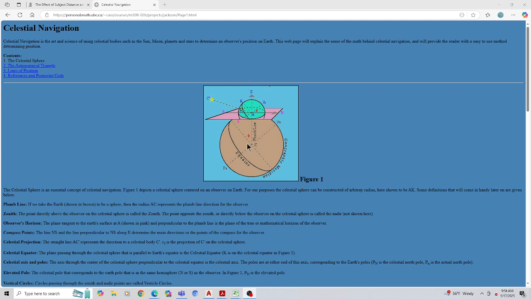the zenith. The zenith runs from either the center of a sphere or through your location, perpendicular to your location to the zenith. It's all about plumbing this orientation, this coordinate system.